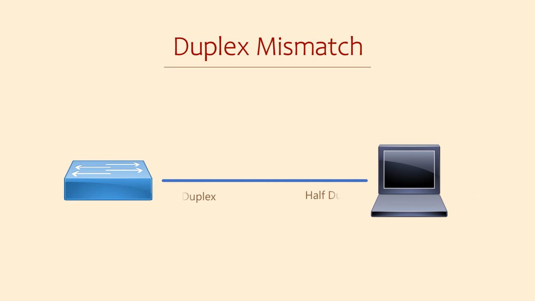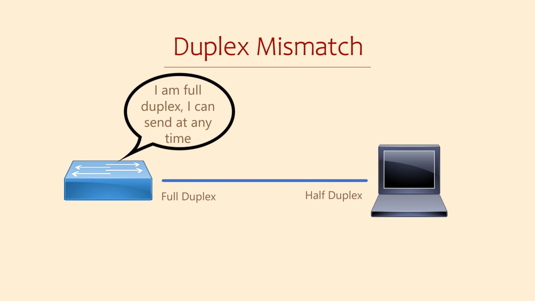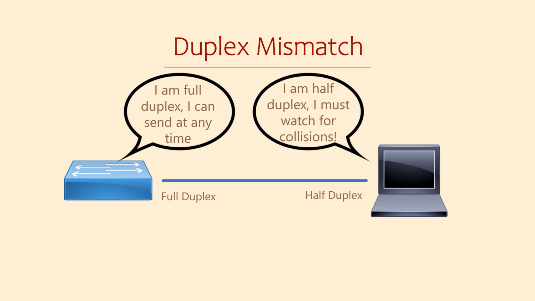Where we can run into trouble is if one side is full duplex and the other is half duplex. This is known as duplex mismatch. This could happen due to a fault or due to a configuration error on our part. When operating in half duplex, the rules are the same as when connected to an old hub. It needs to use carrier sense multiple access collision detection to detect collisions.